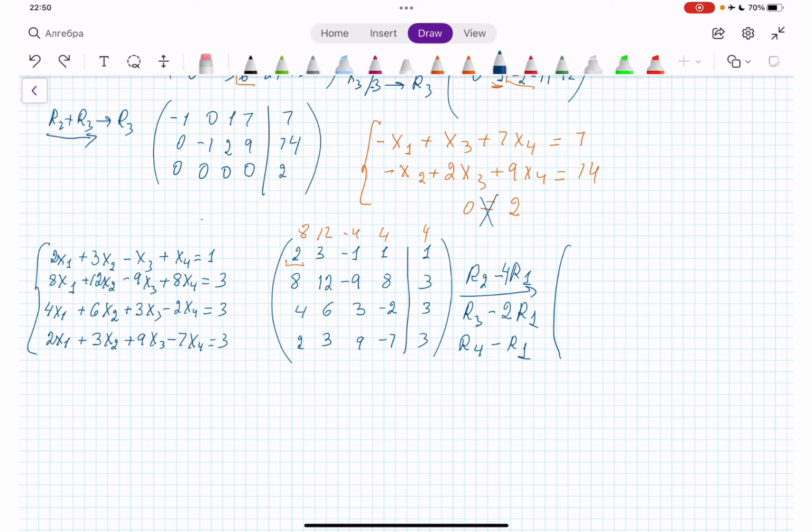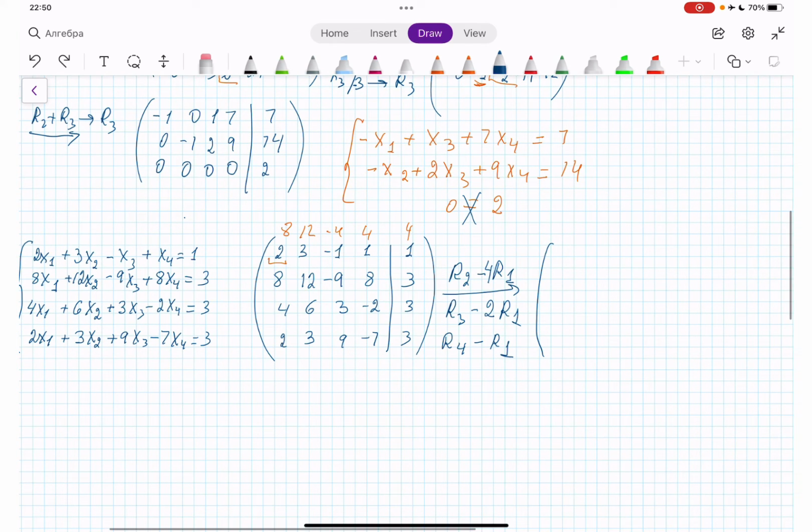Let's work on it. First line obviously gonna stay the same way. We don't touch it. Now for the second line, 8 minus 8 is 0. 12 minus 12 is 0.